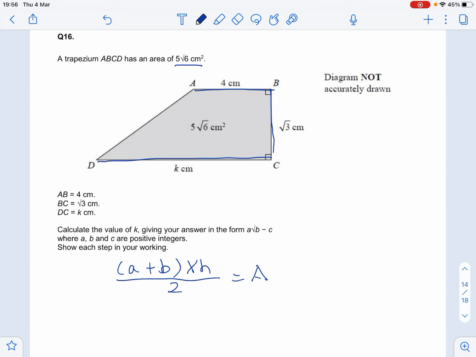So let's substitute our values. Side a is 4, side b is k, multiplied by height, which is √3, divided by 2 equals the area, which is 5√6.